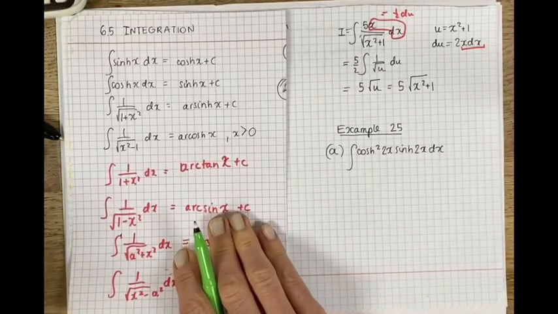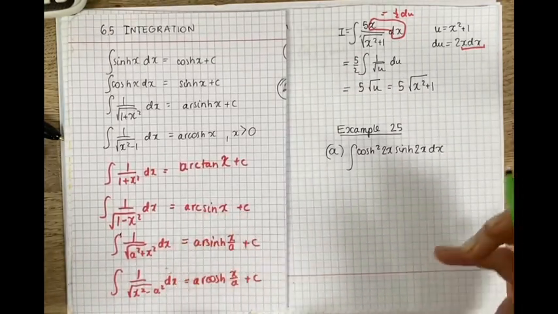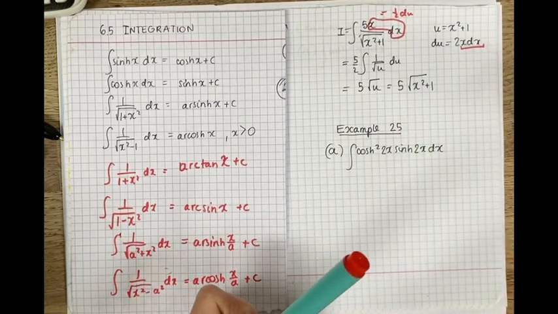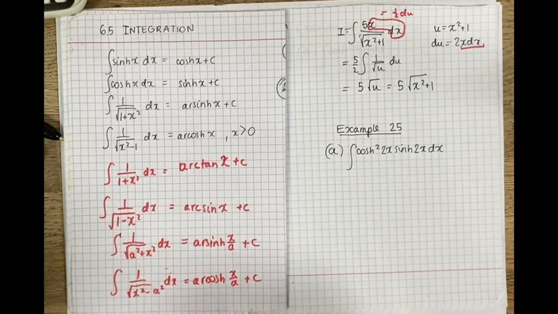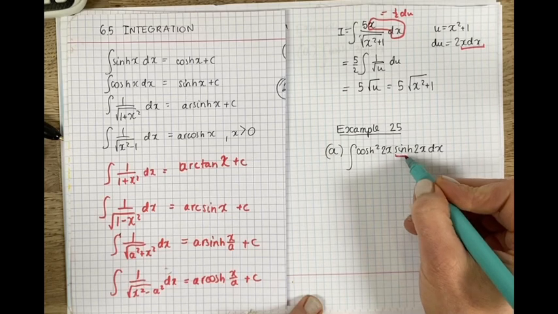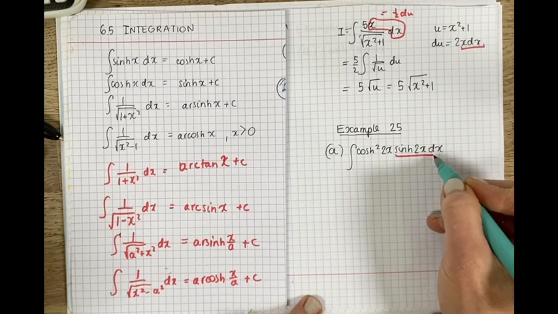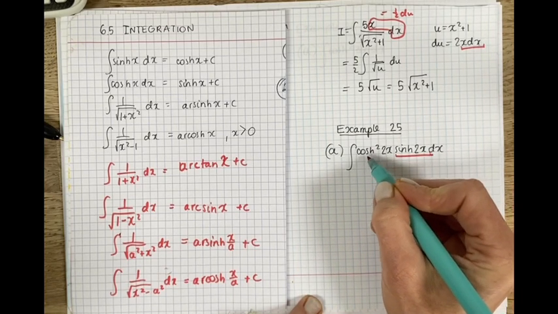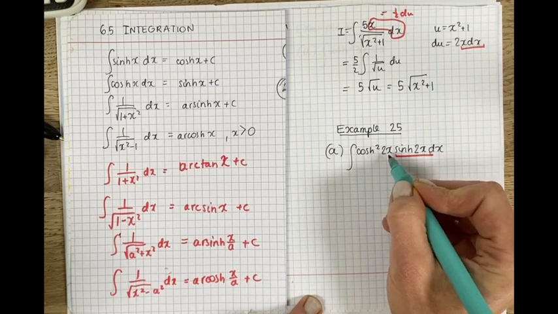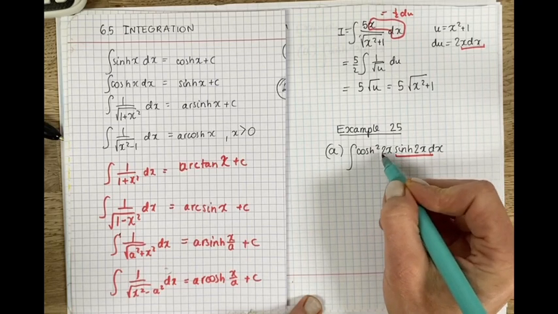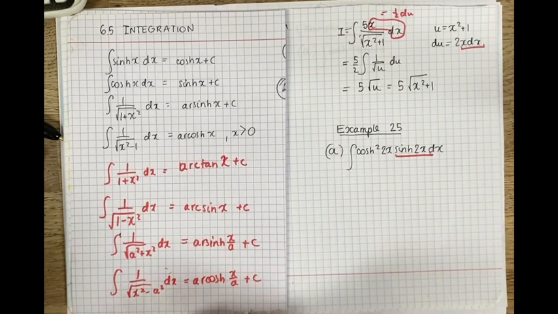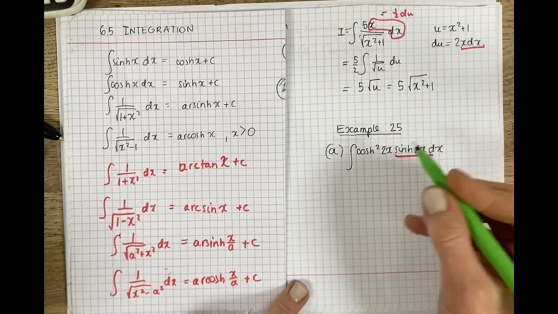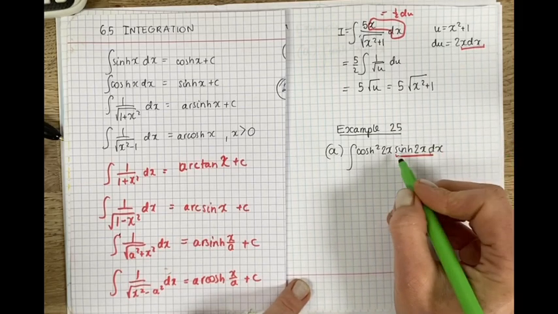Okay, let's move on to example 25. Again, what you could notice, do it by inspection. You could see that you've got sinh 2x, which is a multiple of what cosh 2x differentiates to. So I'm going to do it by substitution, but you may choose to do it by inspection.